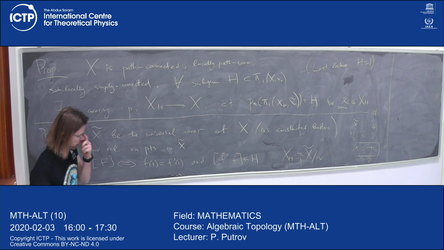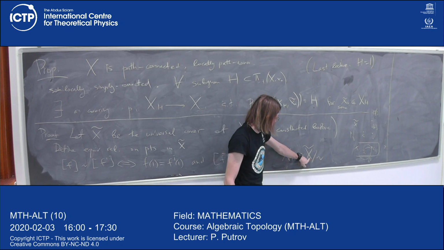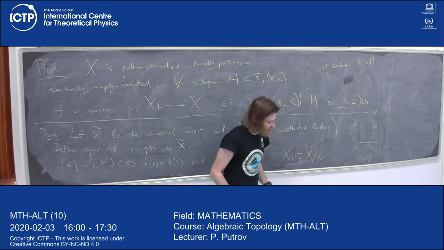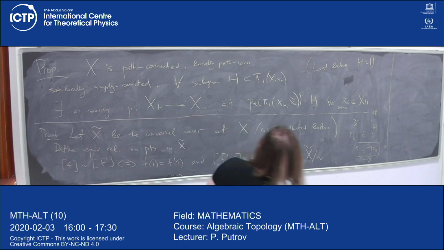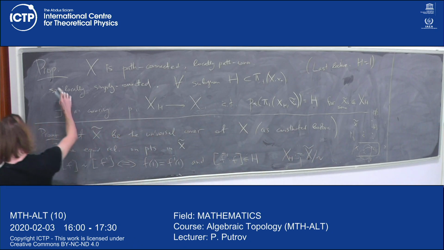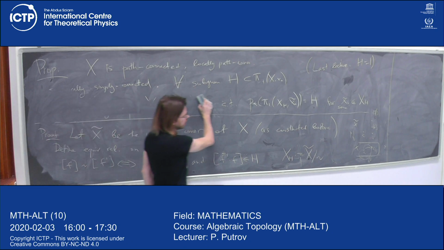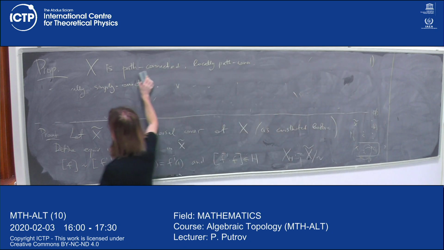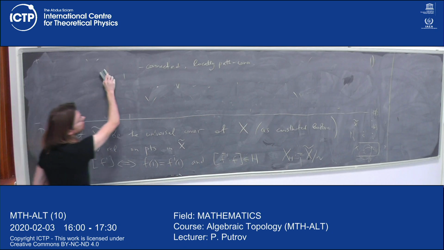Last time we worked hard to endow X tilde with a topology, but here it's easier: the topology will be the standard quotient topology. Still, we need to argue that this will be a covering space with the required fundamental group.